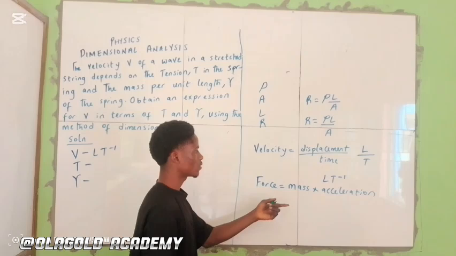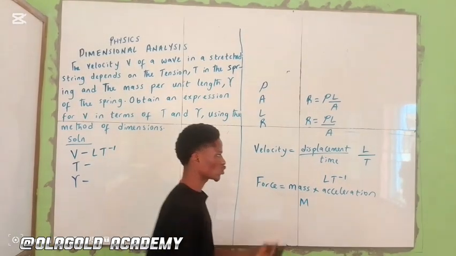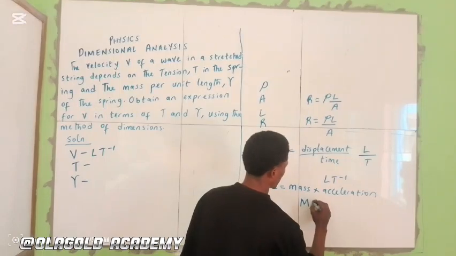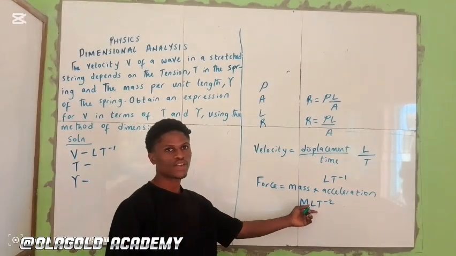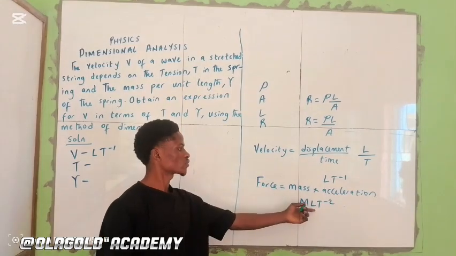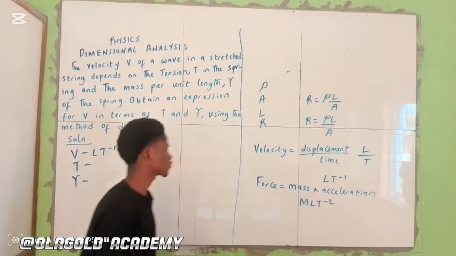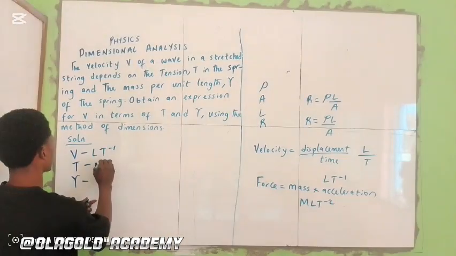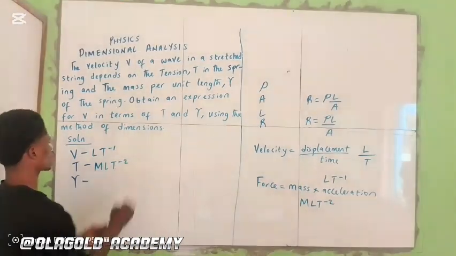That is true. Mass is M, capital M. Acceleration is expressed as LT minus 2. So the dimension of force is MLT raised to the power of minus 2.